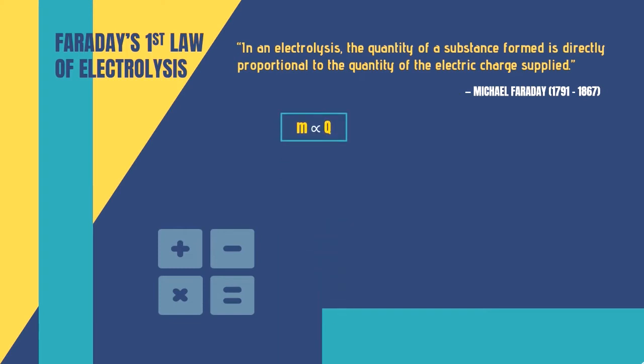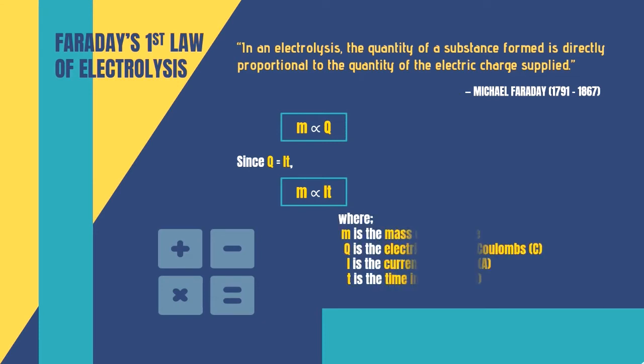M is directly proportional to Q. Since Q equals IT, substituting that, M is now directly proportional to IT, where M is mass of the substance, Q is the electric charge in coulombs, I is the current in ampere, and T is the time in seconds.